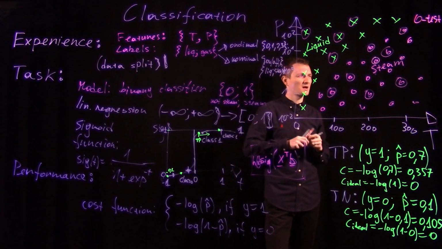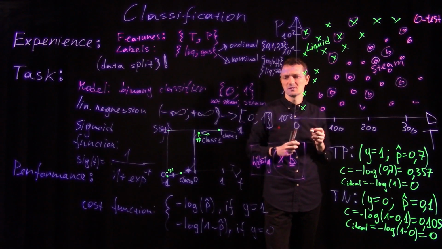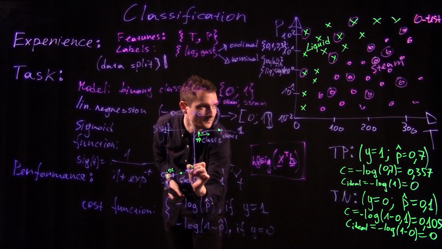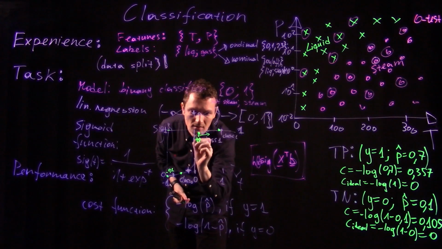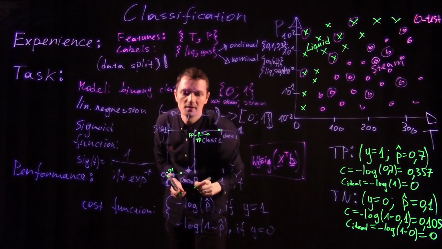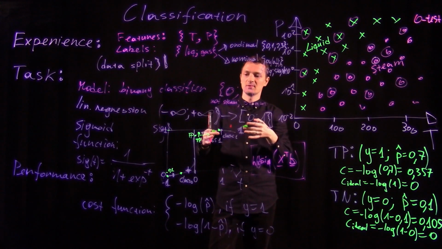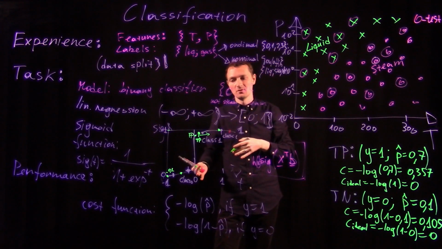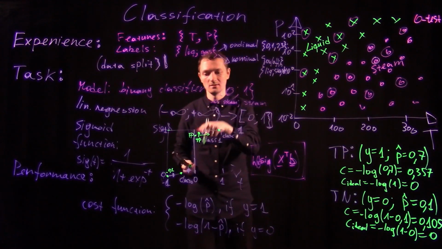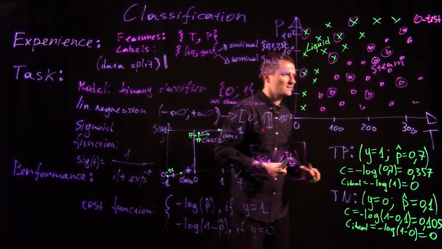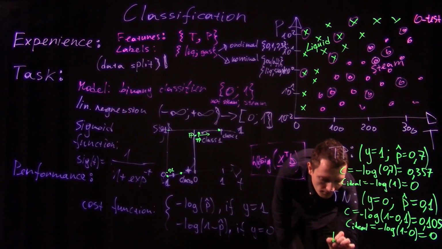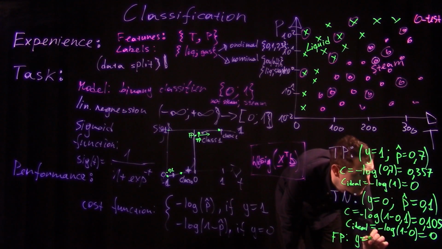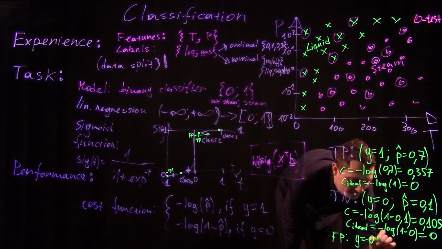And let's talk about false positive. It will be here. False positive means that the model says this point is positive, so it should be class 1, but it falsely predicted. That means in general it should be here. The label is there. And we have our false positive with y equals 0.